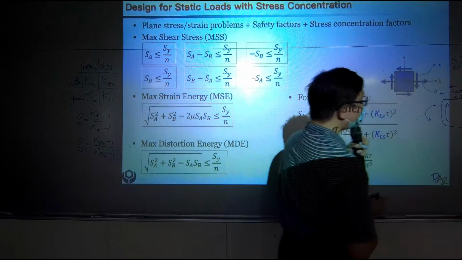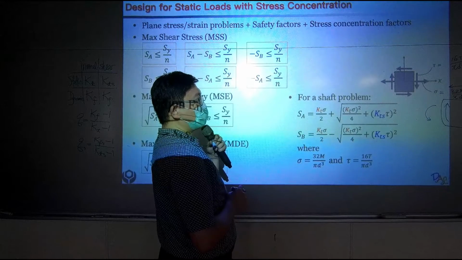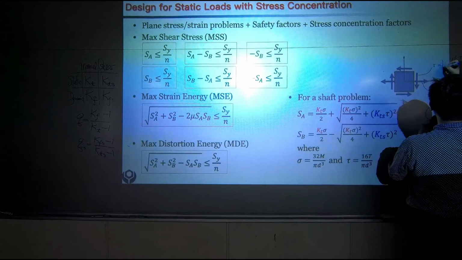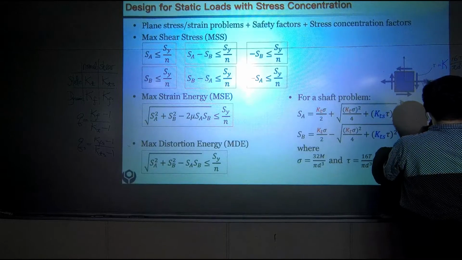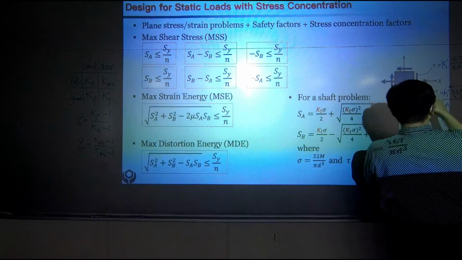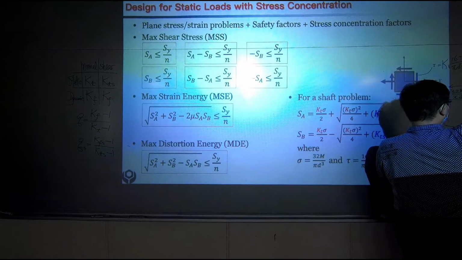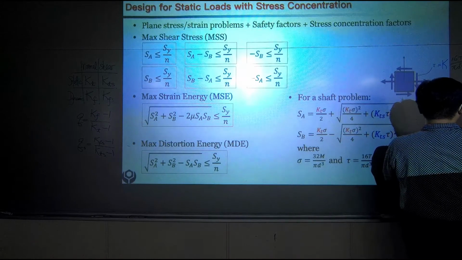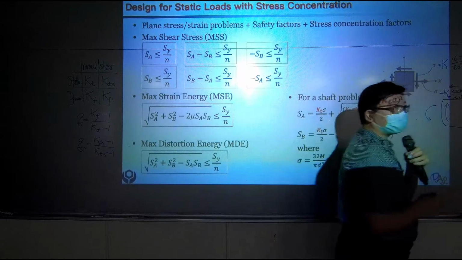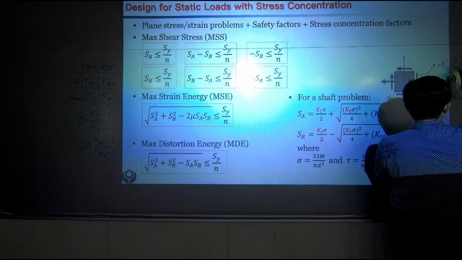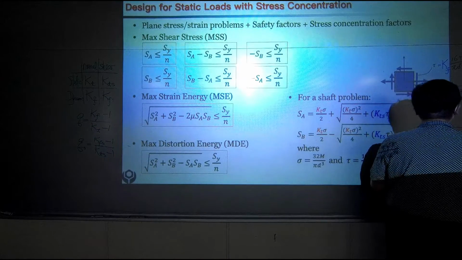But in fact, we need to apply the stress concentration factor. Over here, you can multiply a K. Here's another K. For normal stress, from the previous introduction, I should have Kt. And here is shear stress, I should use Kts, sorry, Kts.